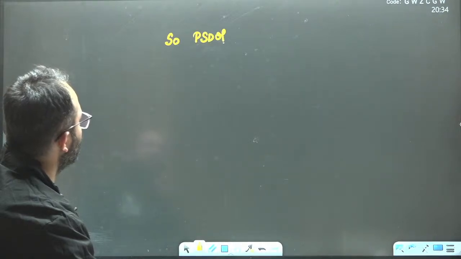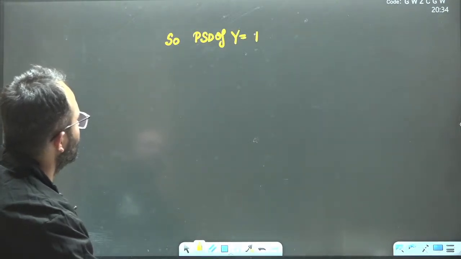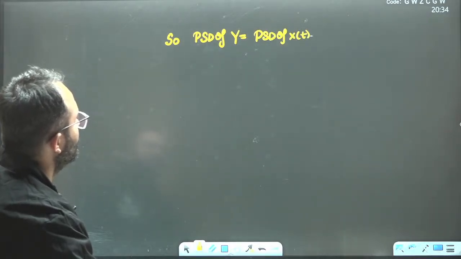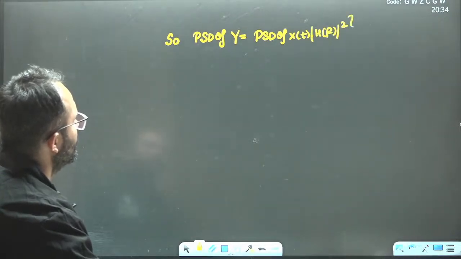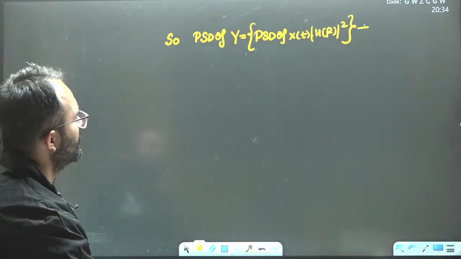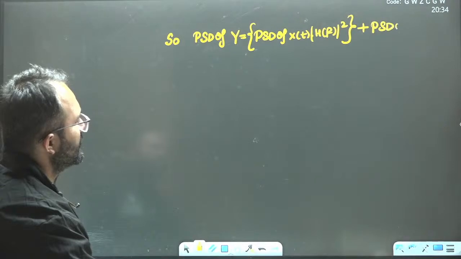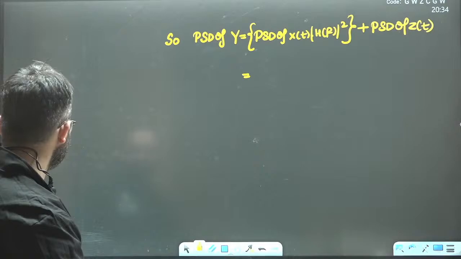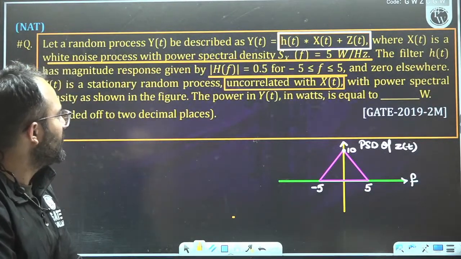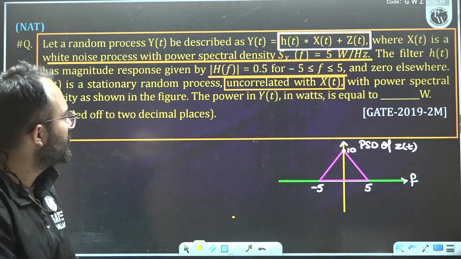So power spectral density of y(t) will be equal to power spectral density of x multiplied by mod H square, because h(t) convolved with x(t) will have power spectral density equal to this, plus the power spectral density of z. So we can see that the power spectral density of x(t) is a constant value because it's a white noise of value 5 watt per hertz.